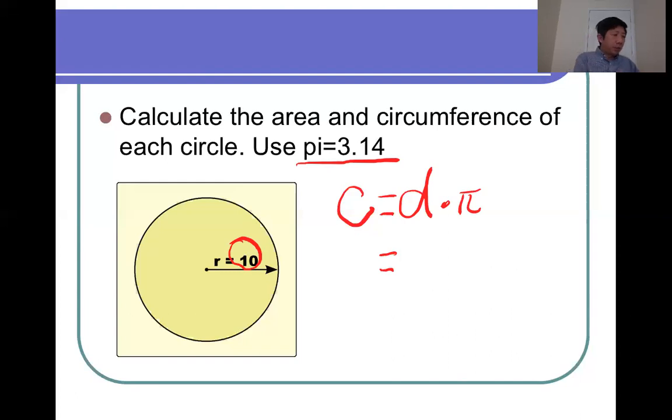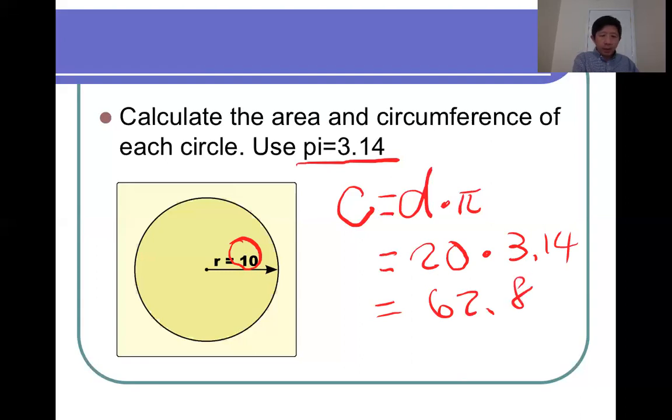So we simply take the diameter times pi. If the radius is 10, then the diameter is 20, and times 3.14, which is 62.8 centimeters, right?